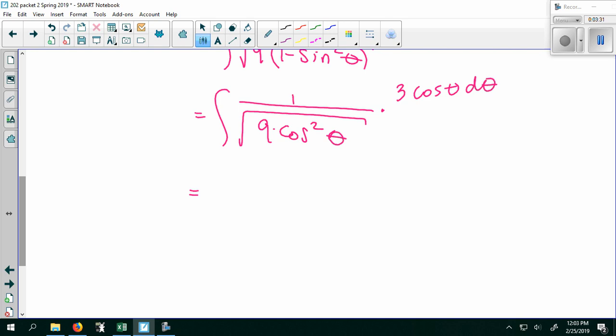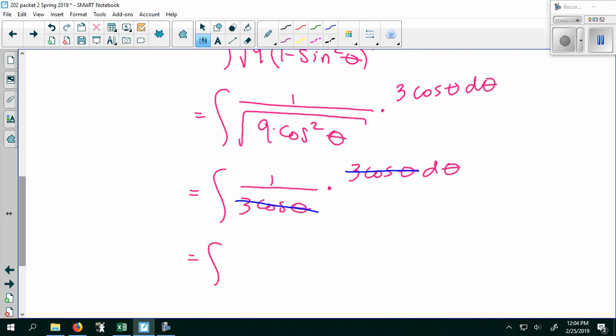So this is going to be the integral of 1 over 3 cosine theta. Square root of 9 is 3, the square root of cosine squared is cosine, times 3 cosine theta d theta. And then my 3 cosine thetas cancel, one on the top, one on the bottom. So this is just the integral of 1 d theta, which is theta plus c.